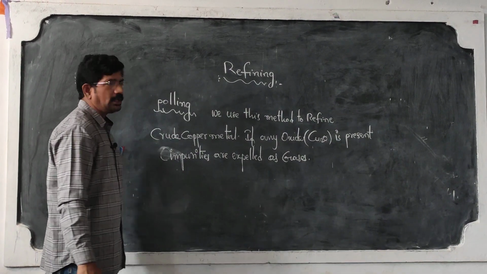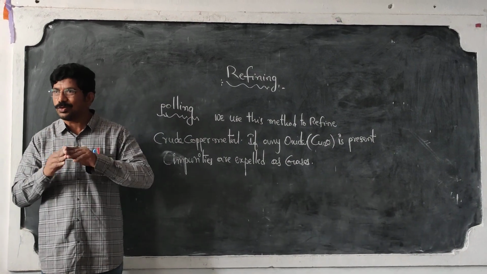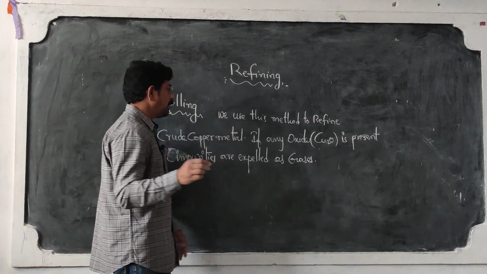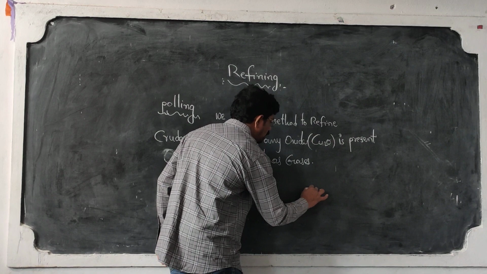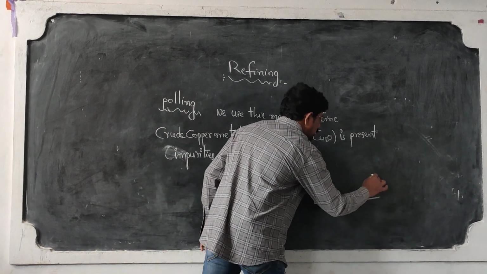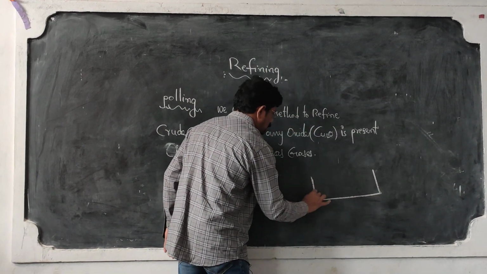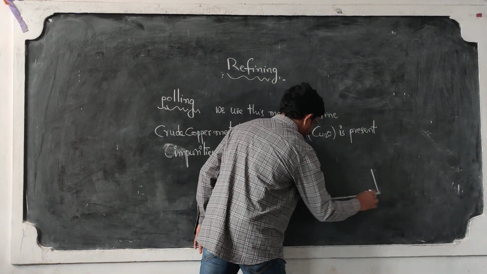In your textbook also, no diagram is given for this one. Crude metal is taken in molten form in a big container.